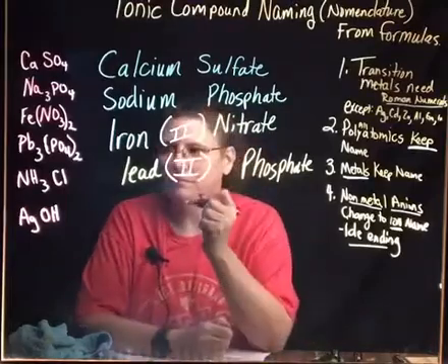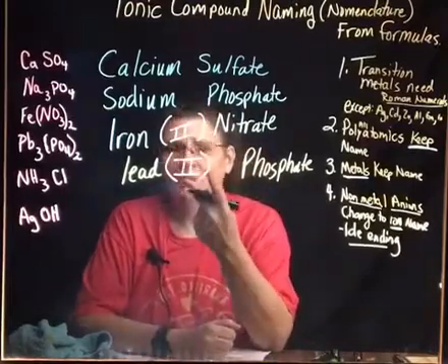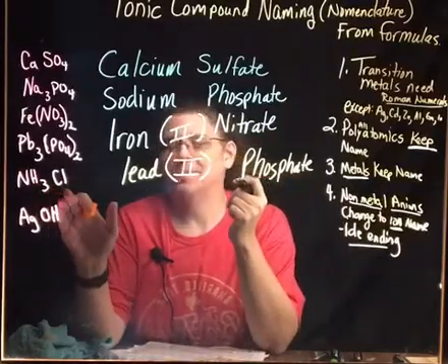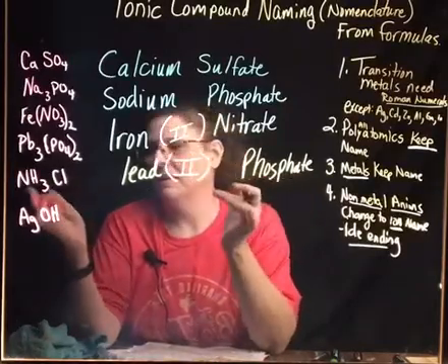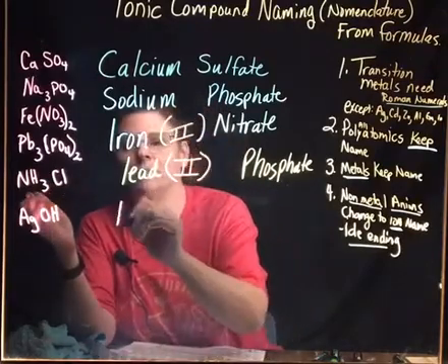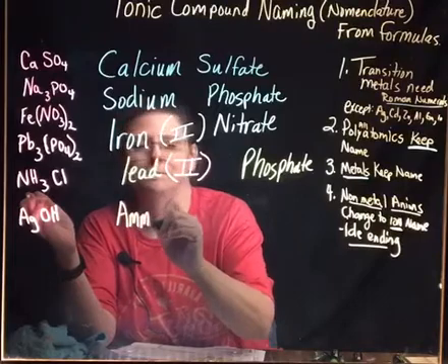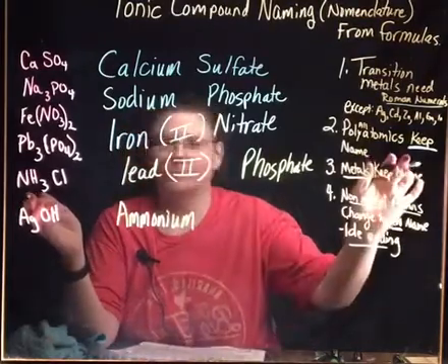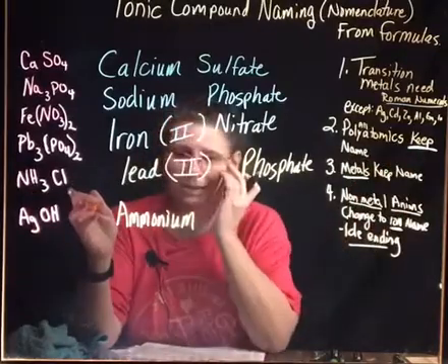NH4Cl. Well, I have more than 2 elements in there, so I know I have a polyatomic. It's not H4Cl. I can't find that anywhere. It's not Cl, so it has to be NH4. Well, this one is going to be your ammonium. And it's going to keep its name. Now I have chlorine.